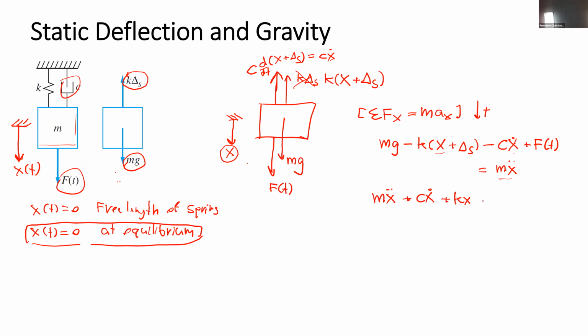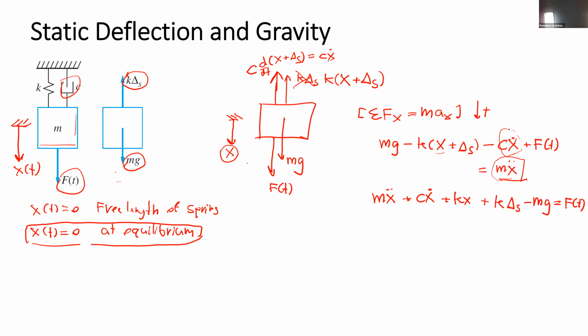Okay, we also have plus k multiplied by the static deflection and subtract mg equal to F(t). Can you follow this? We have m x double dot on the left-hand side.